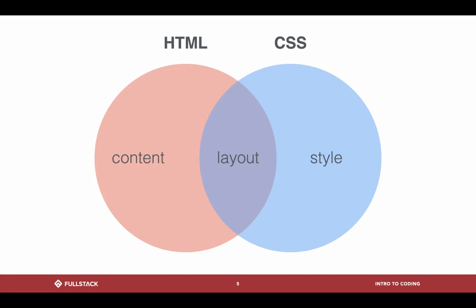And then we have CSS, which is all about how you want this thing to look. How can we craft the look of the page? And then you have this thing in the middle called layout, where it kind of takes both. It's a little bit of how the page flows in a semantic sense. Think of it like a paper.